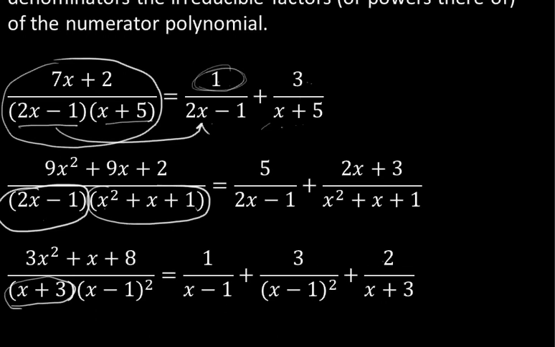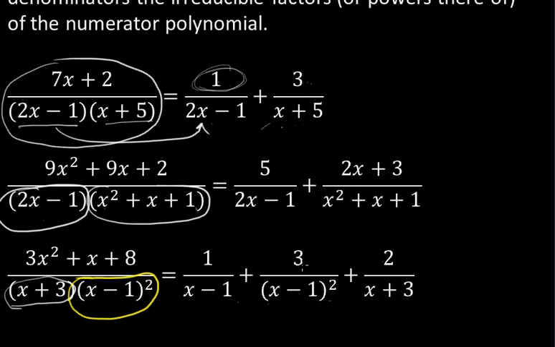But this factor of our denominator, x plus 1 squared, notice, gives us two partial fractions. Because it's squared, it's going to give us the possibility of two partial fractions, one with denominator x minus 1 and one with denominator x minus 1 squared.